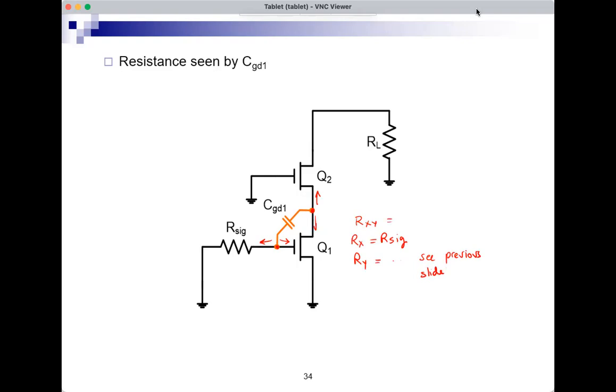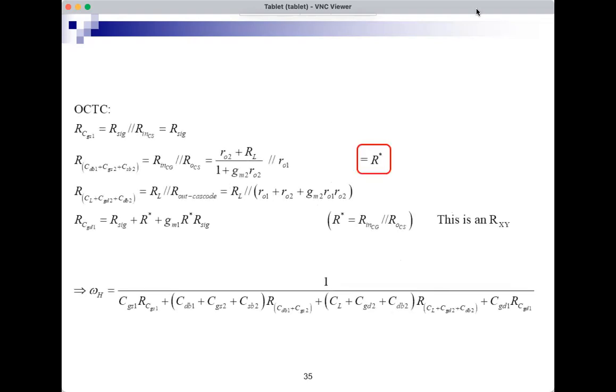And RXY would be Rx plus Ry plus GM1, in this case, Rx Ry. So this is a summary of the results that we just derived.